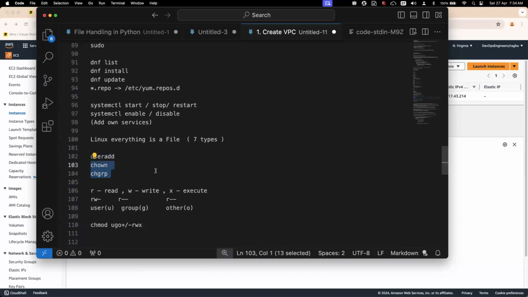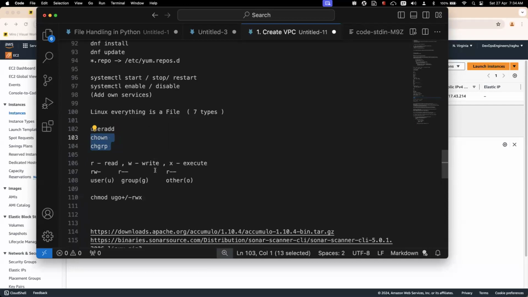So we talked about the chown command, which changes the ownership of a file, whereas the chmod command changes the permission of a file, which is whether someone can read, someone can write, someone can execute.